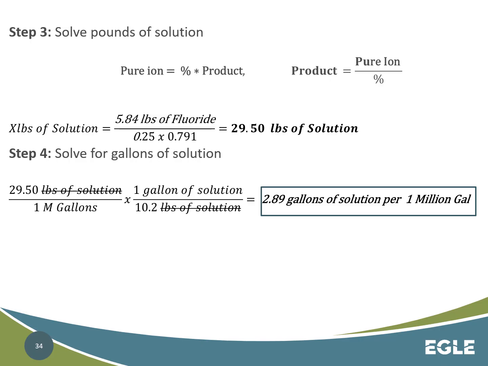Again, please refer to the fluoride presentation in this course. It will cement this concept and illustrate why we multiply. You find your pounds of solution. We take it one step further to find the gallons of solution needed to achieve the 0.7 that we want to add, giving us 2.89 gallons.